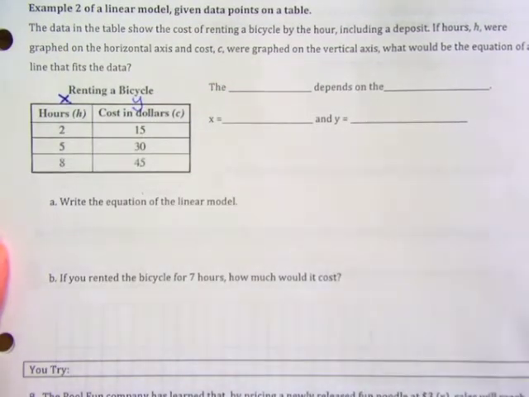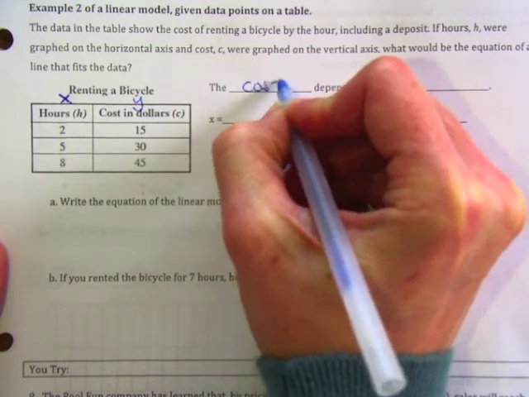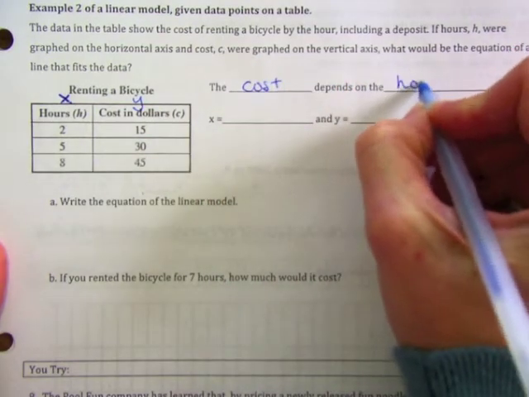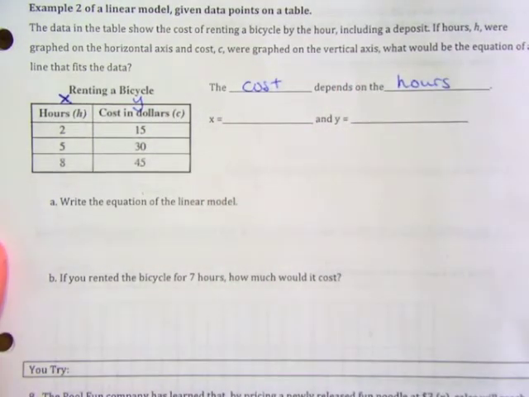Then we're going to be able to work with this information and write the equation of the line. If we think about this situation, we need to ask ourselves, does the cost depend on the number of hours, or does the number of hours depend on the cost? I think it's a little bit more logical that the cost for renting the bicycle would depend on how many hours we actually have this bicycle rented.